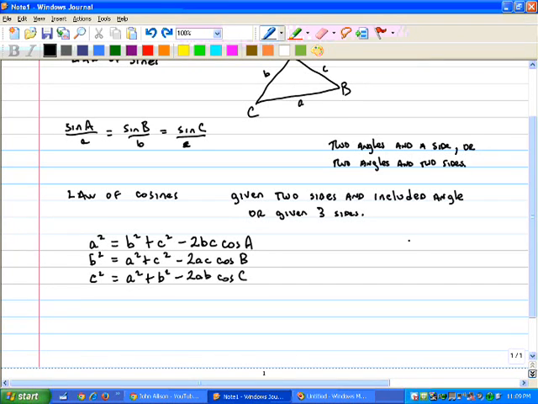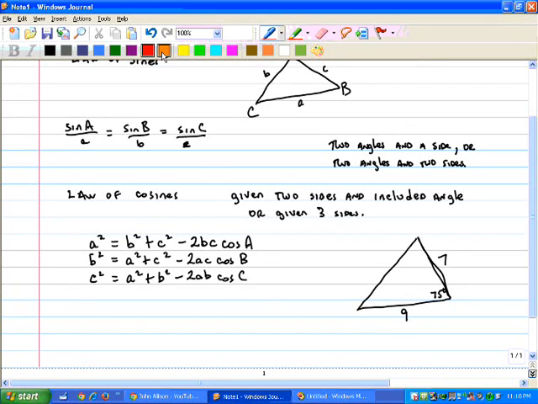Let's use this to solve a triangle. Say we're given a triangle. We're given two sides and an included angle. When we solve a triangle, recall that means we find the measurements for any missing sides or angles.